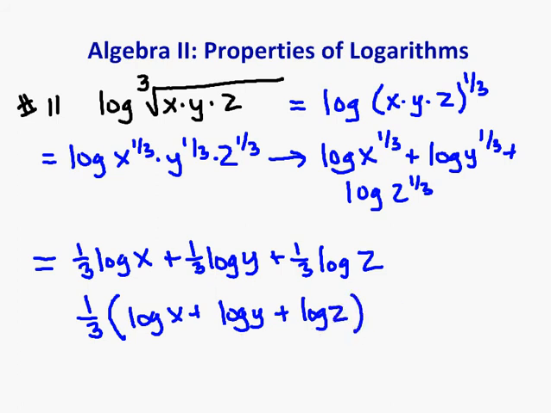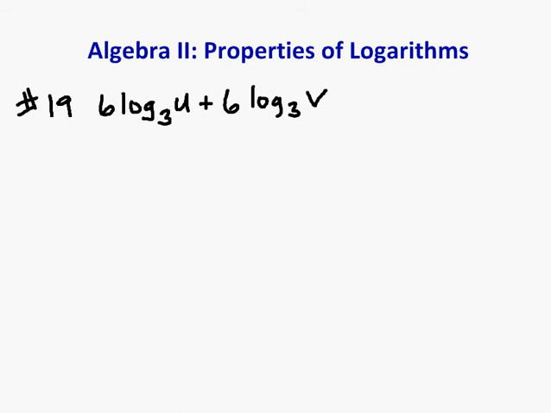Now let's talk about condensing expressions. In this case, I have 6 log base 3 of u plus 6 log base 3 of v. Now remember, the bases have to be the same in order to use the properties in condensing the two terms. So in this case, we're going to start by talking about the product property.